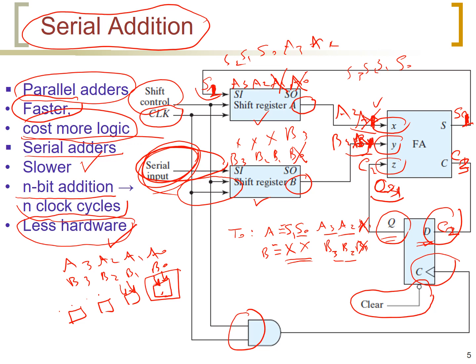To summarize this very briefly, we have one number in A, one number in B. We send the bits of A and B 1 bit at every clock pulse. So the first clock pulse, it adds A0 plus B0 plus 0. Second clock pulse, it adds A1 plus B1 plus C1. Third clock pulse, A2 plus B2 plus C2.